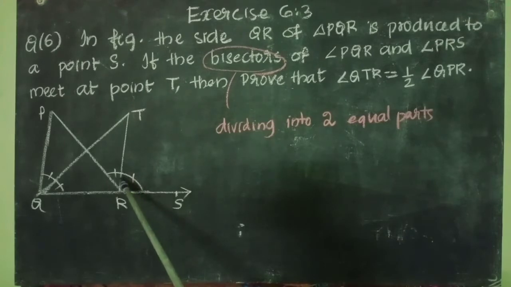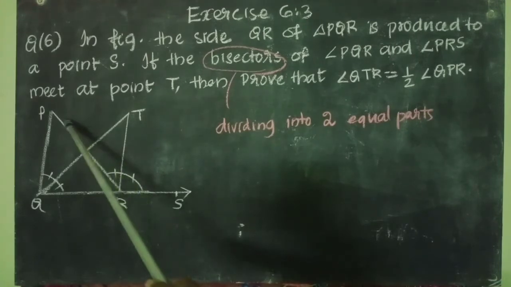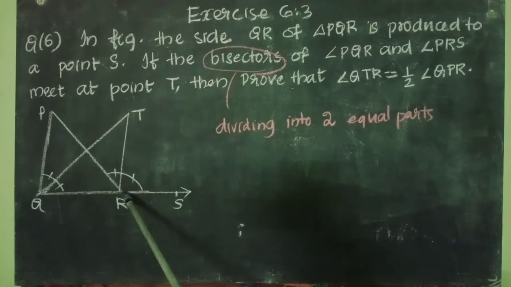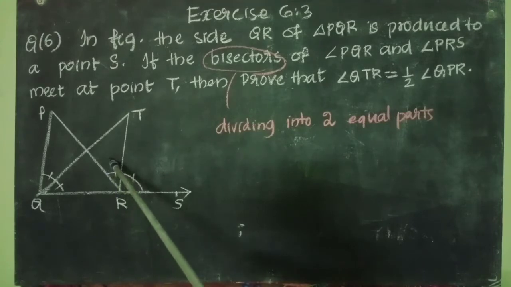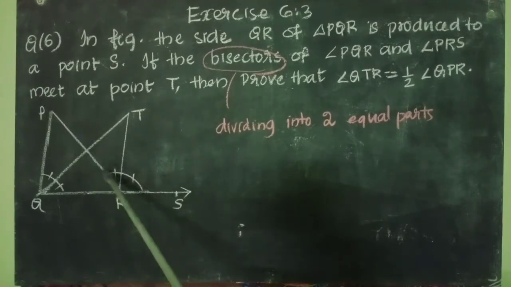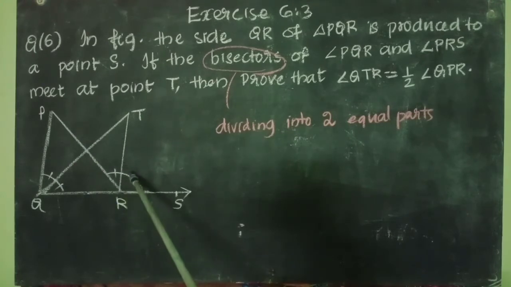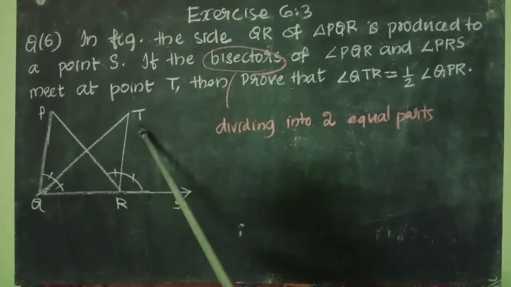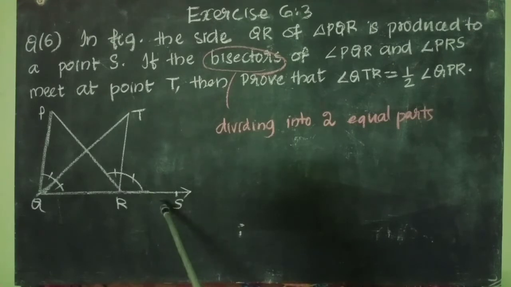In the same way, this RT is also a bisector of this angle R. The full name is angle PRS. Here also you can see two parts. The first part is PRT and the second part is TRS.